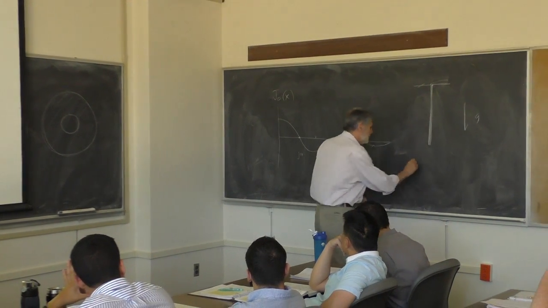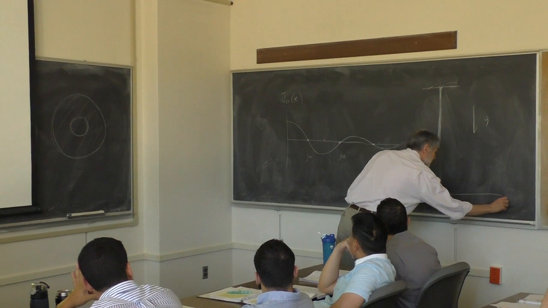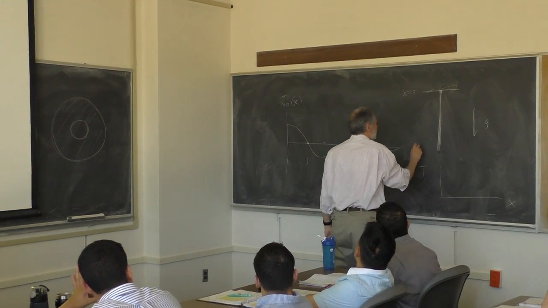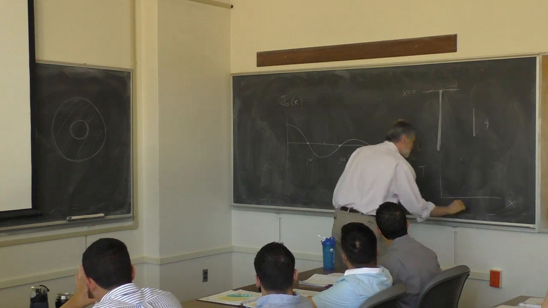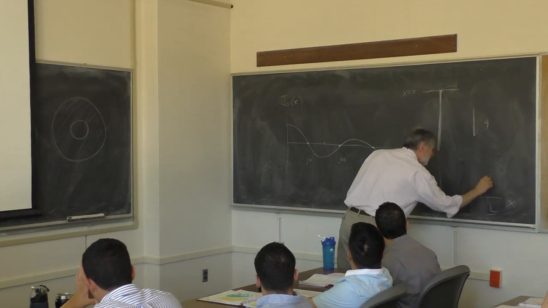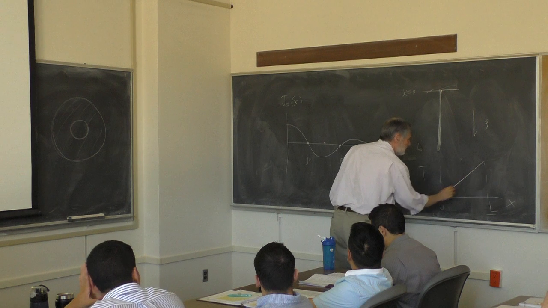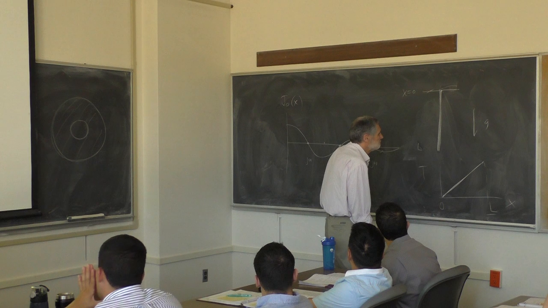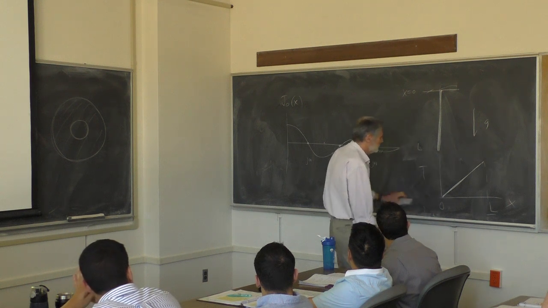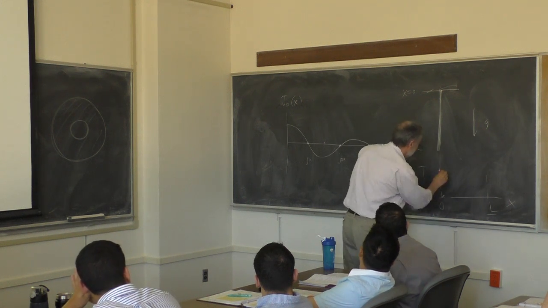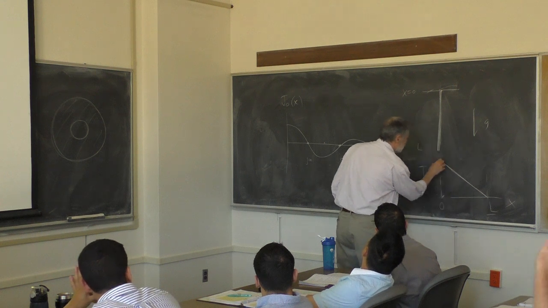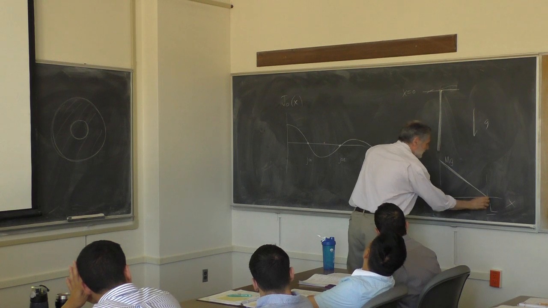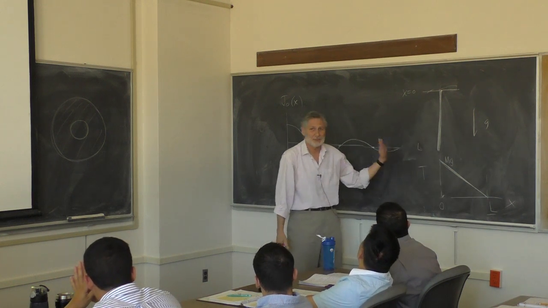The tension as a function of x, if I call this x equals 0 and this L, looks like this. And the tension here is just the total mass times g. So there's no way you can approximate that as a constant.